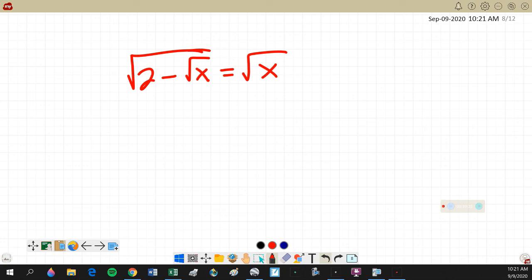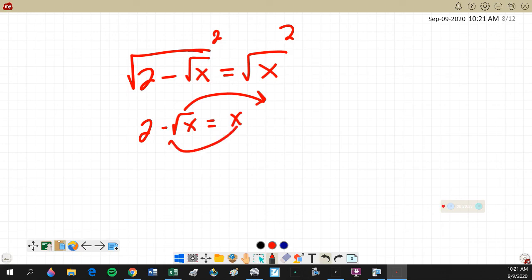Square both sides. So 2 minus root x equals x. Now isolate this root. I'm going to move it over there to avoid the negative. Move that over there. 2 minus x equals root x. Square both sides and then solve it. So that one looks complicated, but it actually isn't.